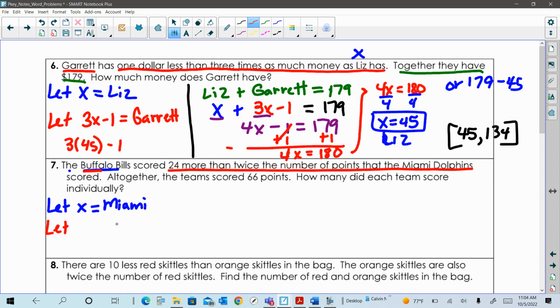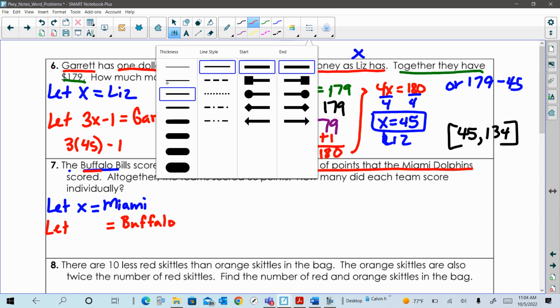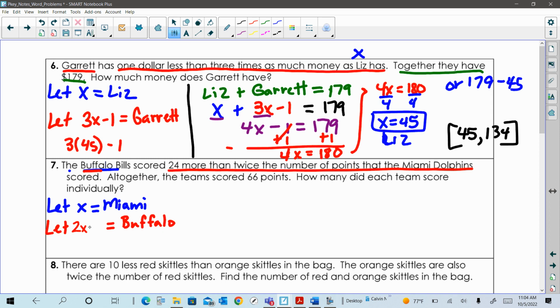So now we have to represent the Buffalo. How would I express Buffalo? 24 more than twice the number, so twice the number is 2x, plus 24. Okay, 2x plus 24.